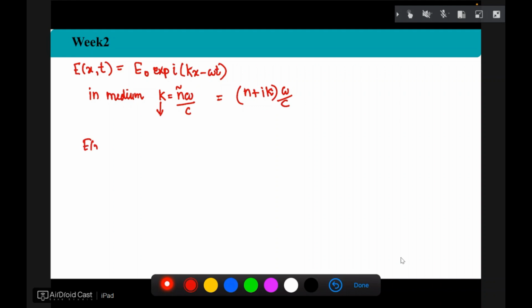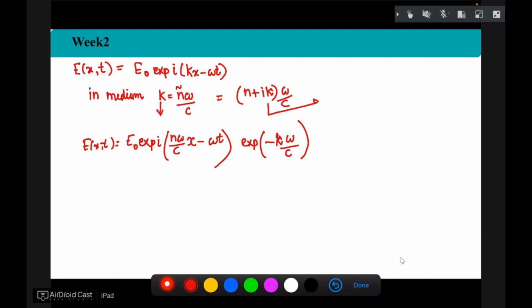So what will we have? E of x,t equals E naught exponential i n omega by c x minus omega t. We are just substituting here the value of k. We can separate it into real part and imaginary part, that is, exponential minus kappa omega by c x.